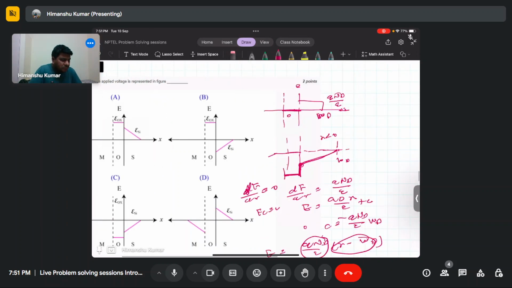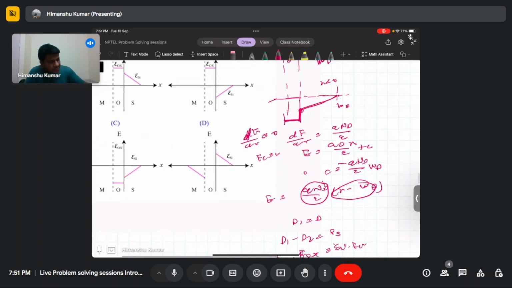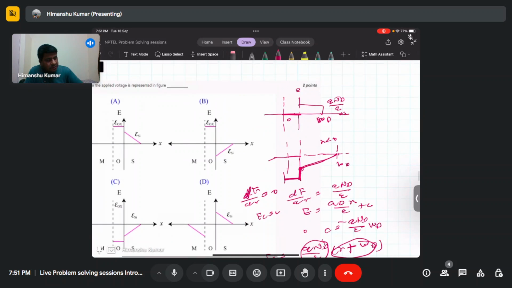No, this is positive actually. So this will be q N_D, positive. I think this is positive. Yeah, this is positive actually, because this charge is positive, so this field will look like this.